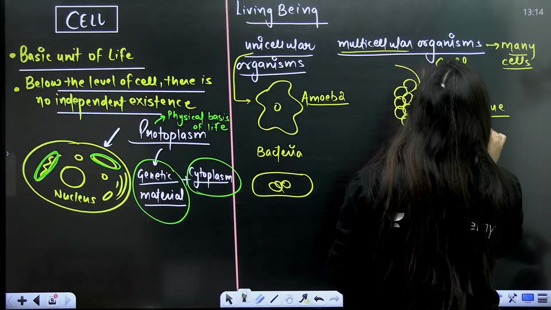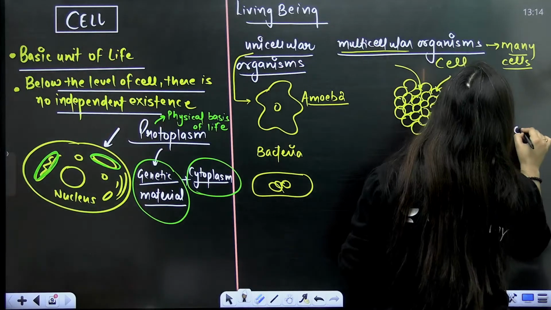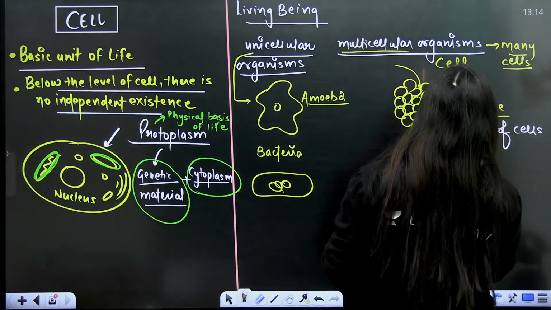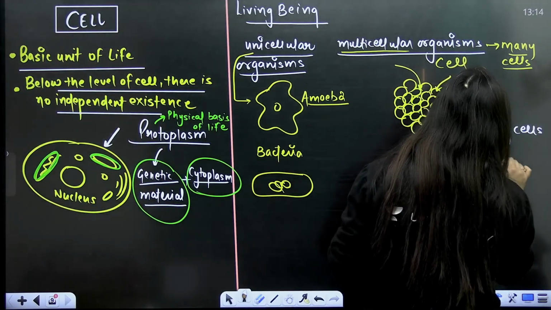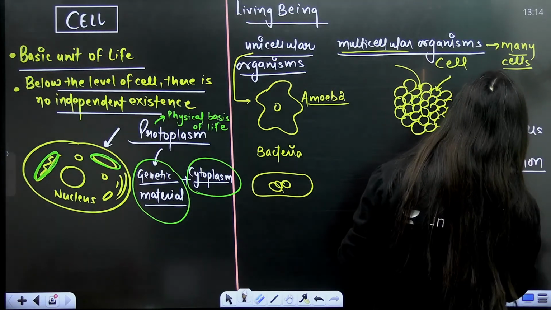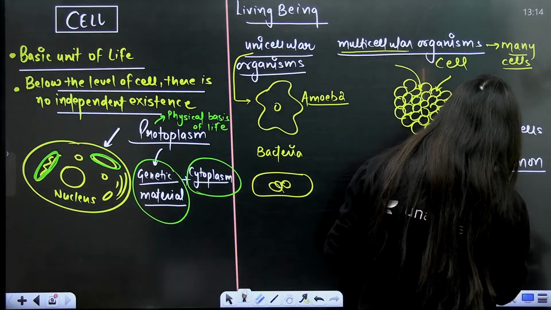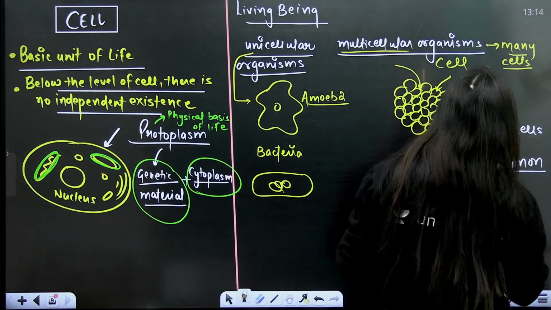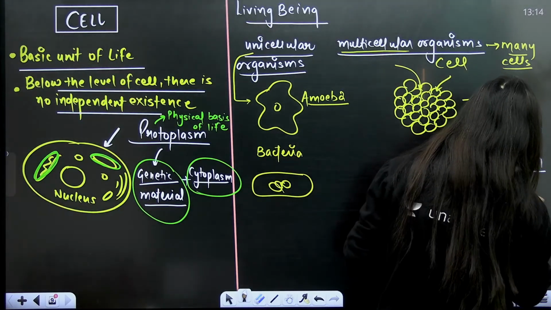So what is tissue? Tissue is a group of cells having common origin, similar structure and function. This point is very important: their origin has to be the same or common.